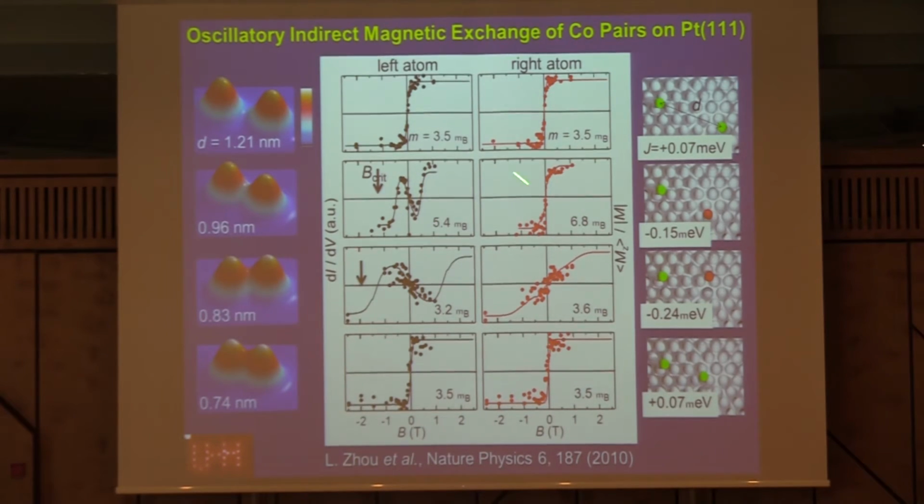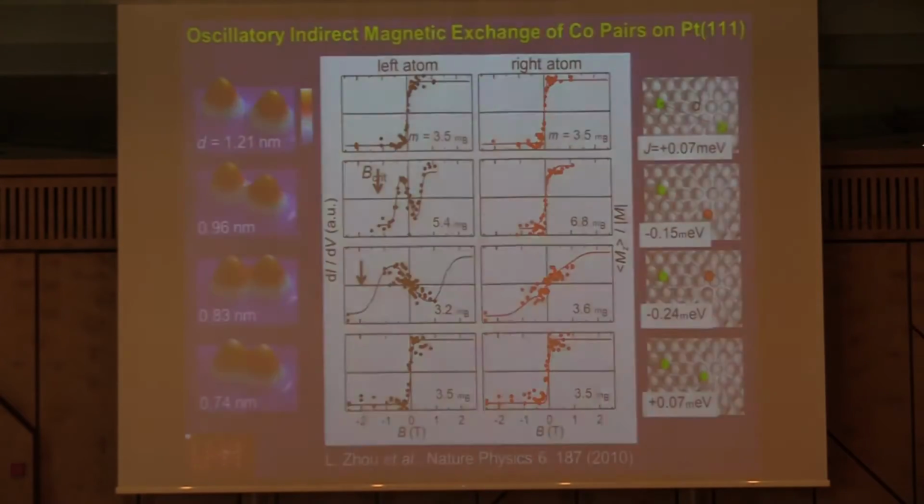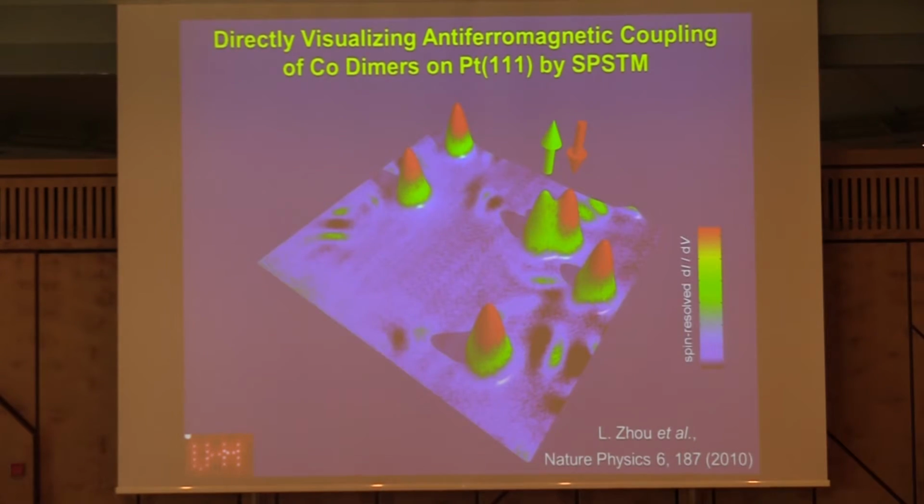We can immediately check, of course, whether this interpretation is correct, because we can go from topographic imaging to spin contrast imaging, and you see that for this dimer consisting of two cobalt atoms, we see an amazing spin contrast on the individual atomic level, which is just due to the different spin alignment of the two cobalt atoms.